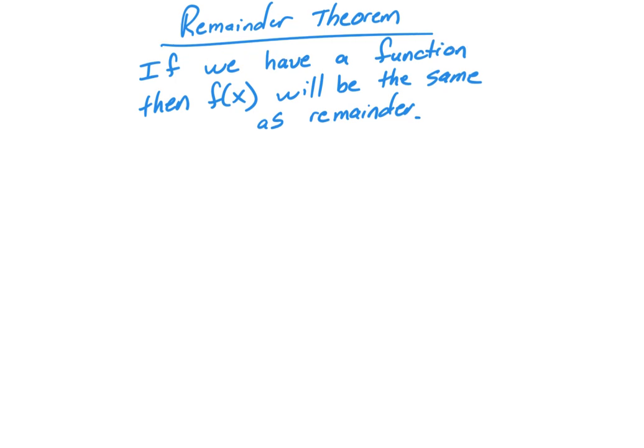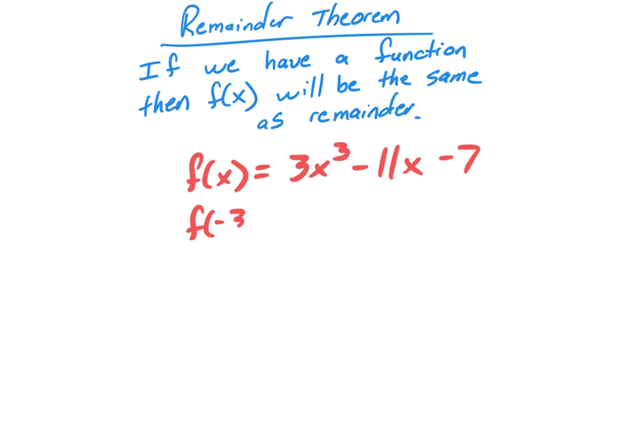So if I gave you a function here, 3x cubed minus 11x minus 7, and I ask you to evaluate f of negative 3, what would be the way we would do that most common?